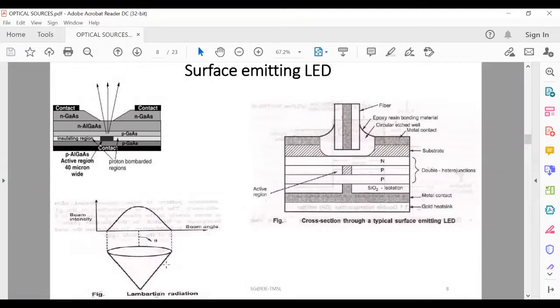Now, in this Lambertian pattern, the emitting surface is uniformly bright, but its projected area diminishes with the angle as cos theta, where theta is the angle between the viewing direction and the normal to the surface. Okay, and the beam intensity is maximum along the normal.